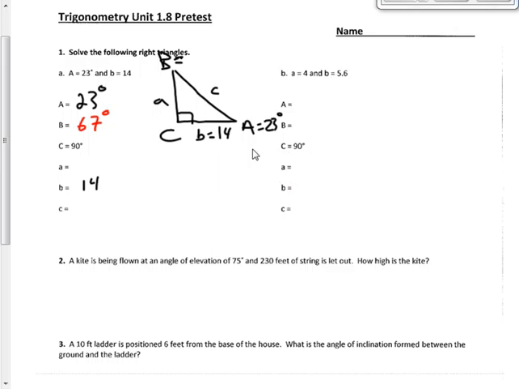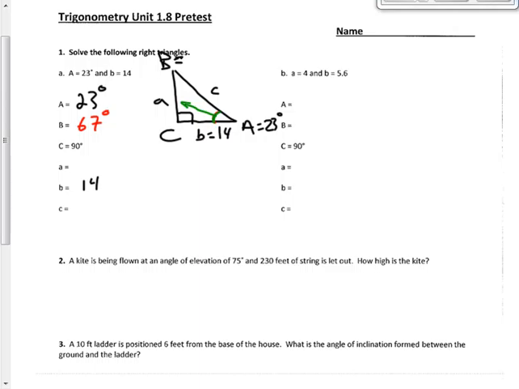Then the second part is that I'm going to find either A or C. It ultimately doesn't matter. I have an angle here of 23 degrees. And so if I take that 23 degrees and I look at the A that's opposite that, I can use that and the information that they gave me of B equals 14.